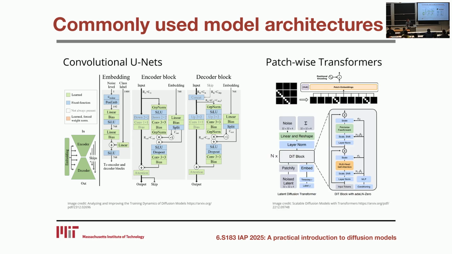Another, more recent architecture is based on transformers. If you've heard of this before, this is what's being used in large language models. But this is instead applied to images.